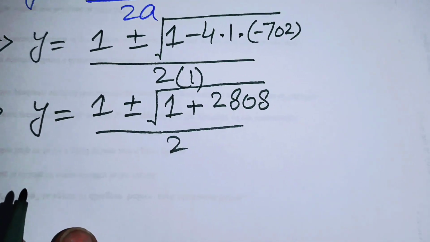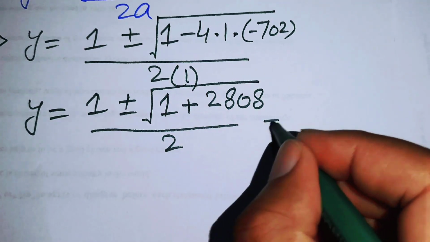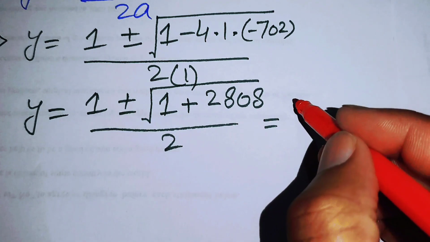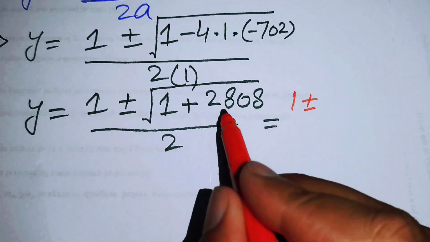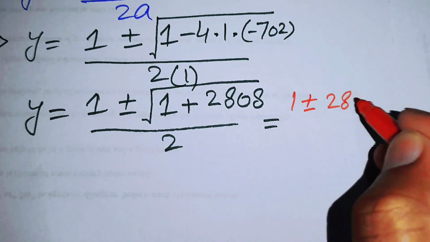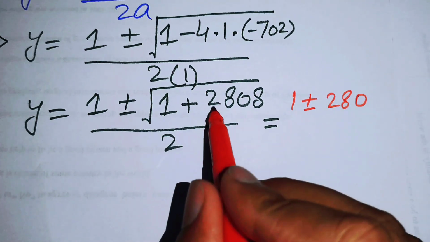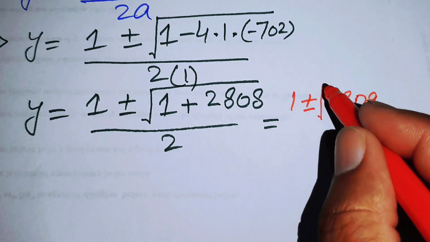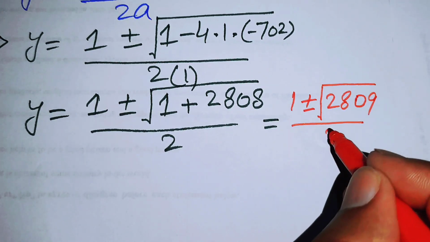Now we can make a little simplification, so this expression becomes 1 plus minus the square root of 2808 plus 1, which is equal to 2809, over 2.